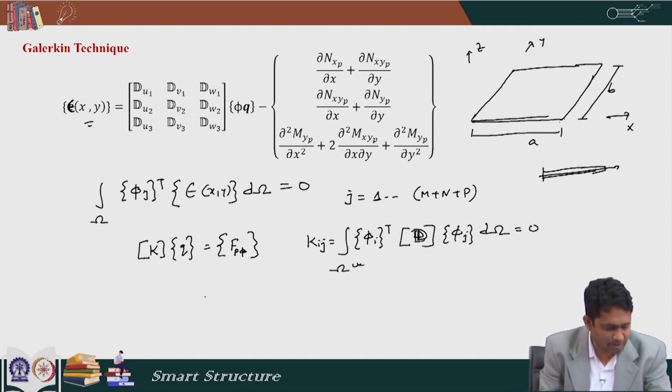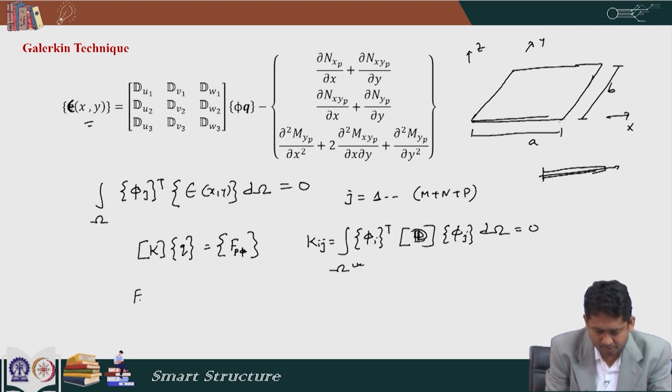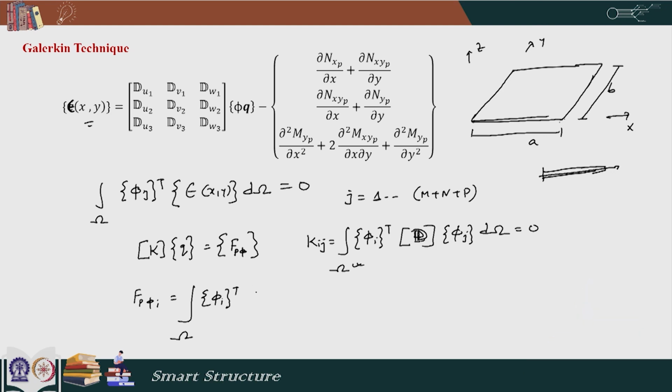So, accordingly we can now write f p i, the ith component of the force vector, which is the integral of phi i transpose f p over omega.